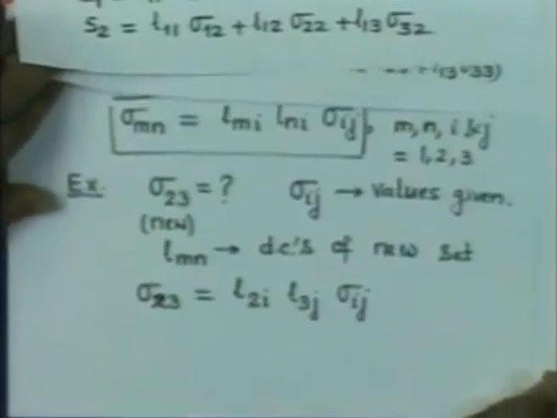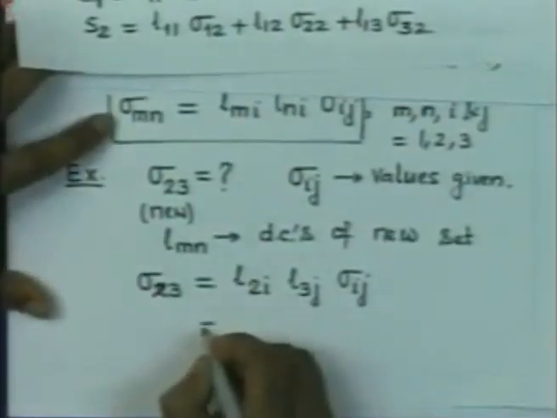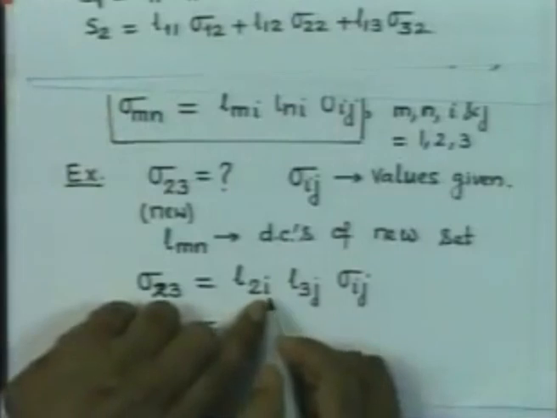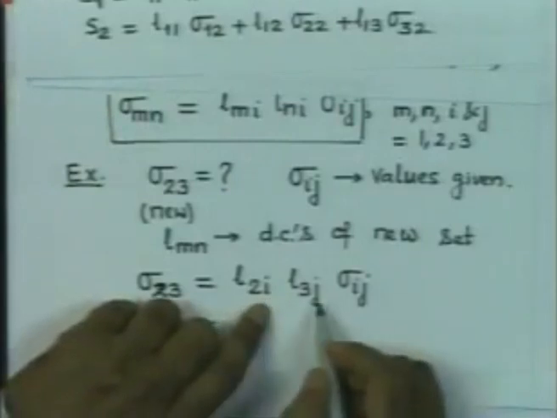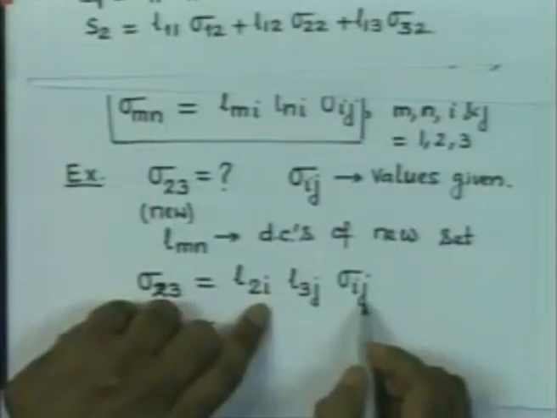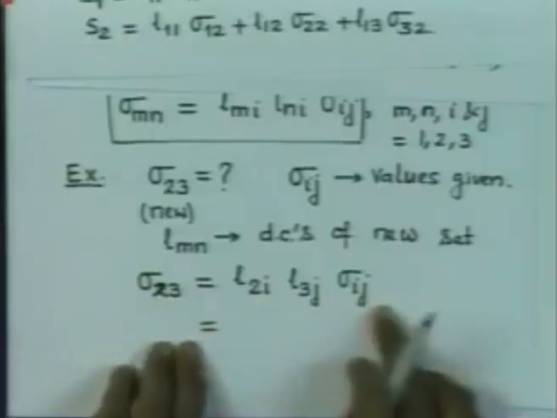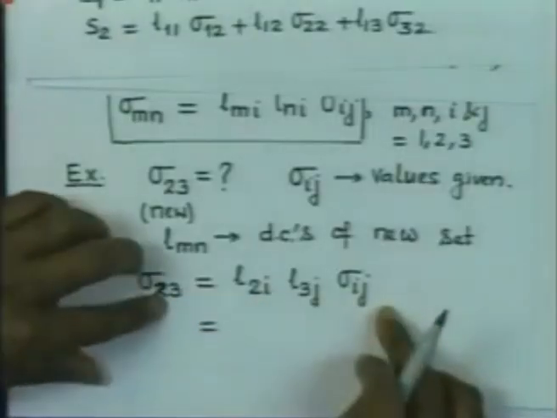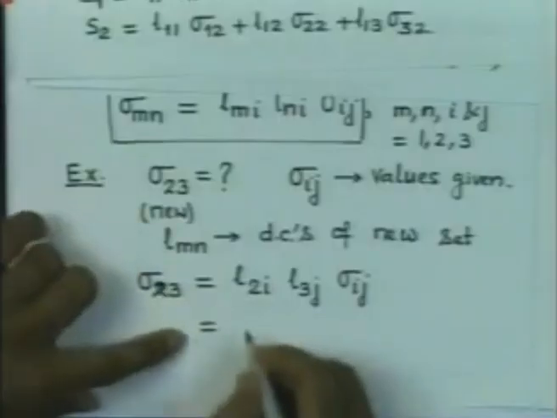Now, this can be further expanded like this. The value of i varies from 1 to 3, so also the value of j varies from 1 to 3. This repetition of indices indicates that a summation is implied.